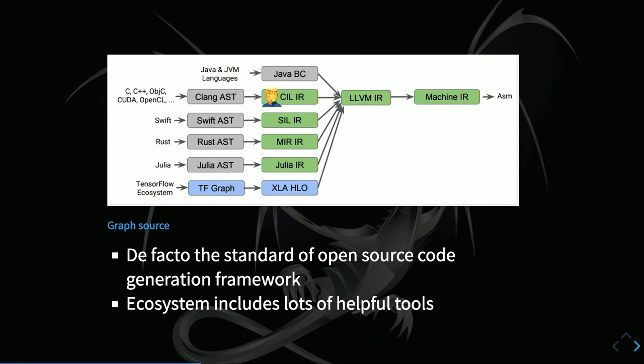After those optimizations have been done, they are lowered to LLVM IR, where the IR is translated into machine code. So LLVM now is pretty big. It has a huge ecosystem, and we want to bring that ecosystem to the blockchain world. I think this is one of the early tries at doing this.